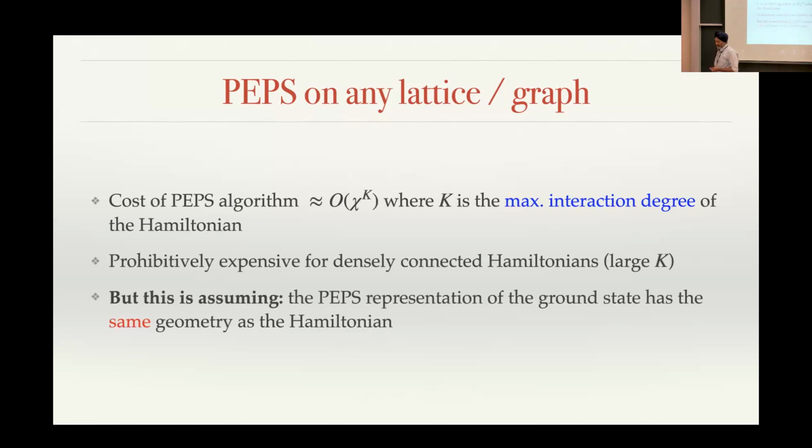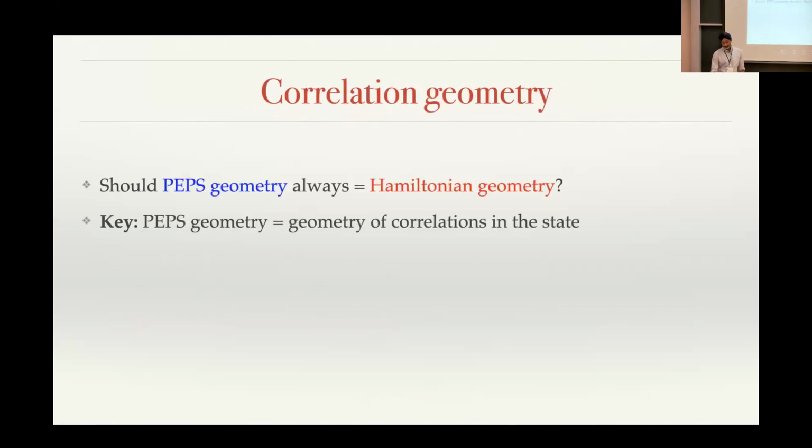But this is assuming that the PEPS representation of the ground state has to have the same geometry as the Hamiltonian. I mean, the Hamiltonian comes with the geometry, what spins are talking to what spins. But now we're talking about the ground state, which is one eigenstate of this Hamiltonian. Why should it have the same geometry as the Hamiltonian? Especially given that the geometry of this tensor network is really the geometry of the correlations in the state.